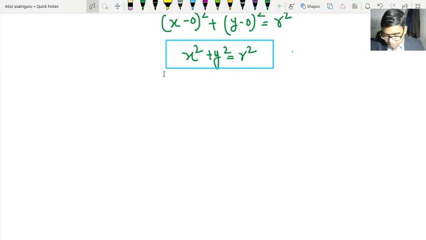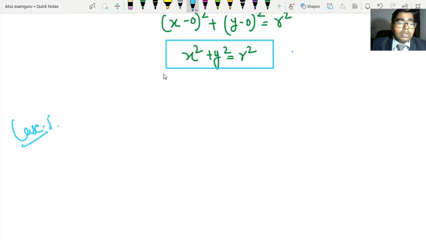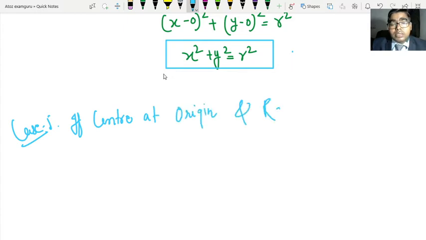Find the equation of the circle whose radius is 6 and center is at the origin. Case 1: the center is at the origin and the radius is 6 units, right friends?